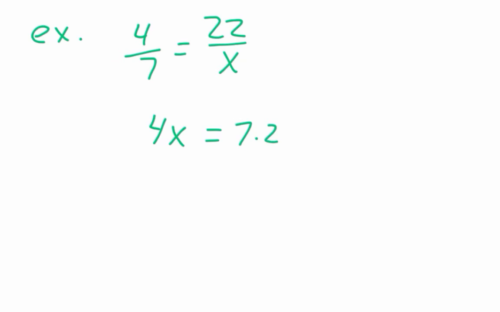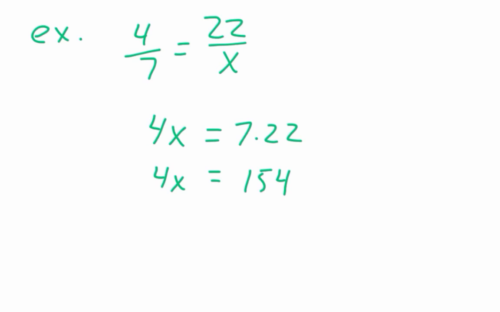So last example is if we had 4 over 7 equals 22 over x. The example doesn't have how to set it up, but we cross multiply that same way. We do 4 times x, so I have 4x equals 7 times 22. So that's like a 14 and a 140, so 154 equals 4x.